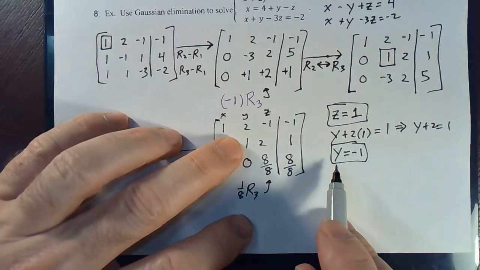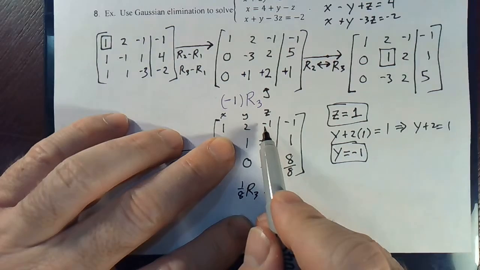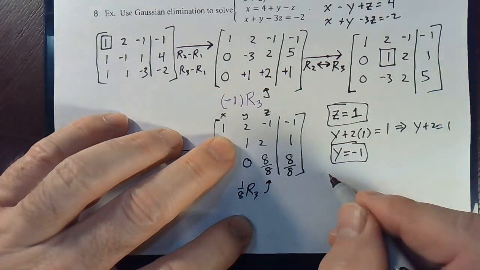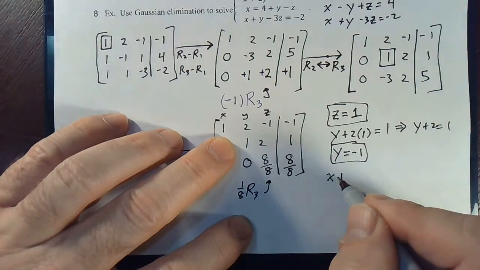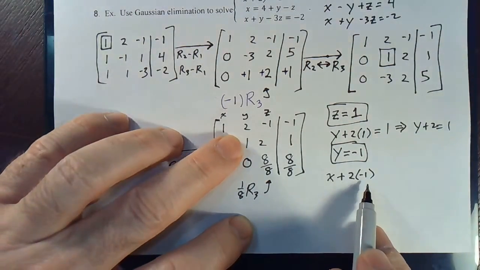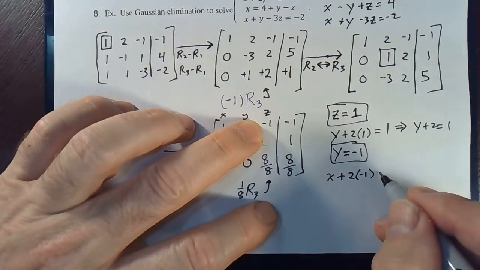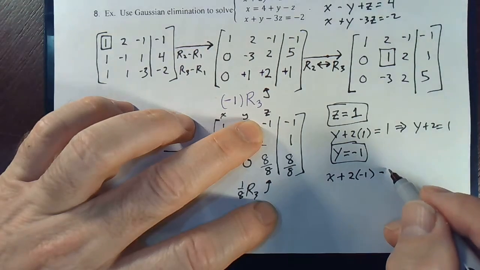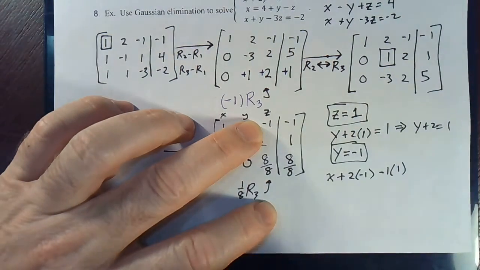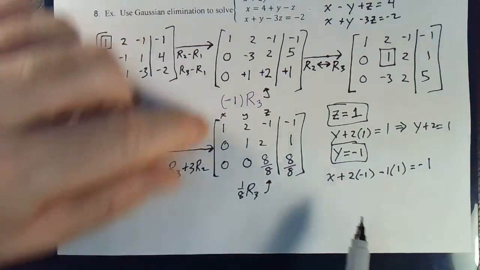And now we've got to go up to x. This says x plus 2y minus z equals negative 1. We have x plus 2 times y, because y is negative 1, minus 1 times z, minus 1 times 1, equals negative 1.